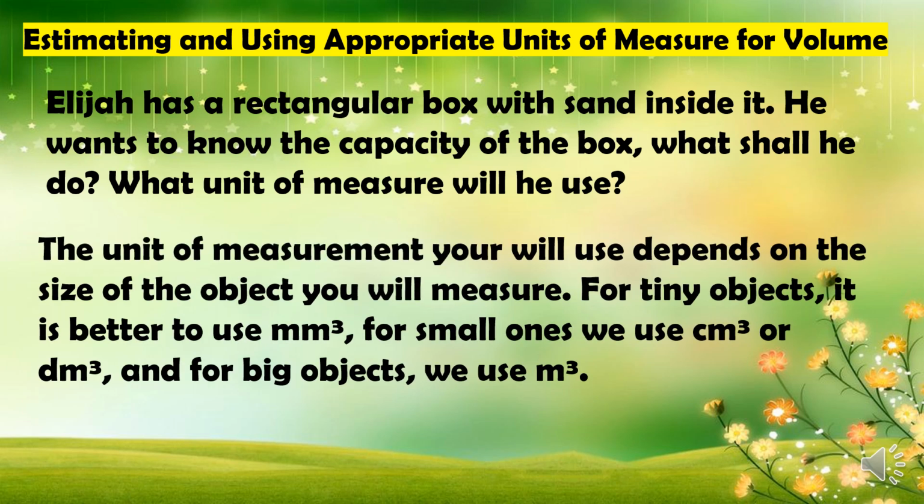The unit of measurement you will use depends on the size of the object you will measure. For tiny objects, it is better to use millimeter or cubic millimeter, and for small ones, we use cubic centimeters or cubic decimeter. And for big objects, we use cubic meters.